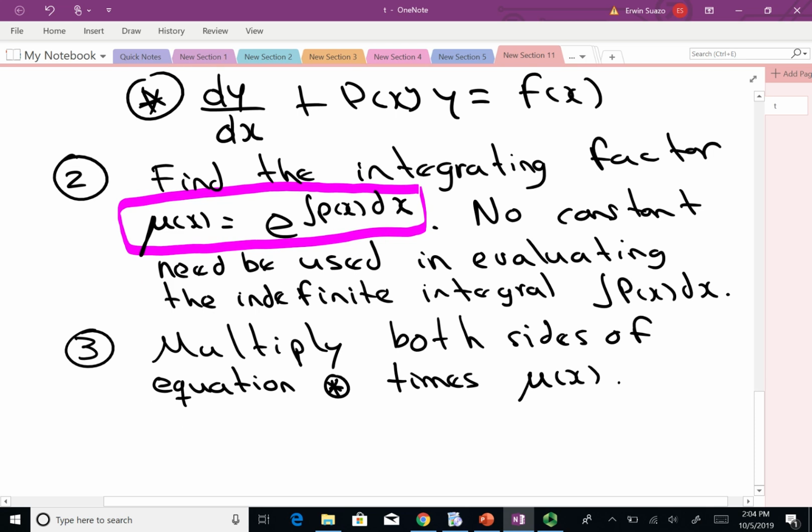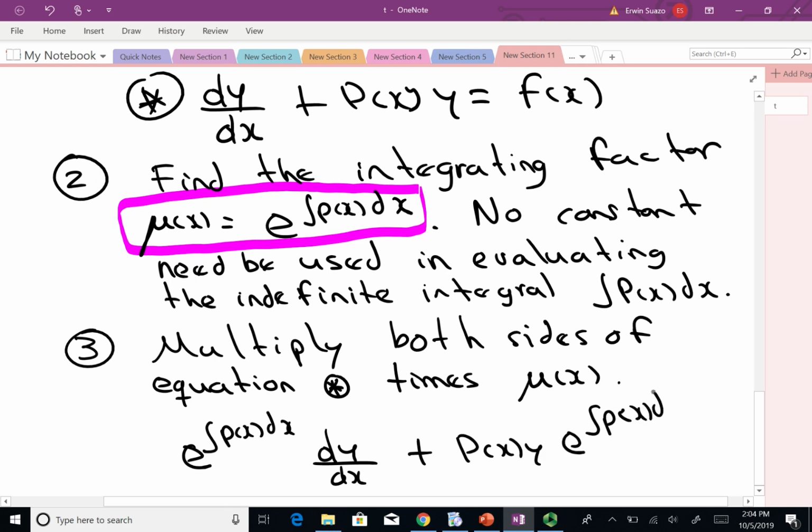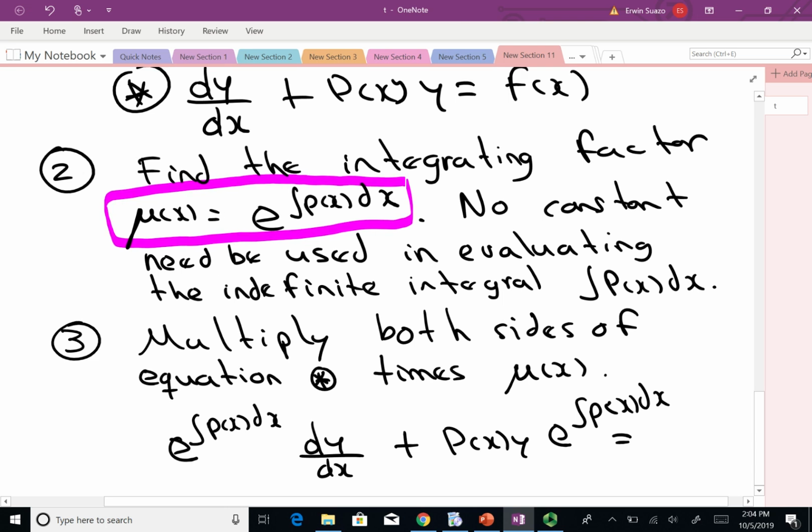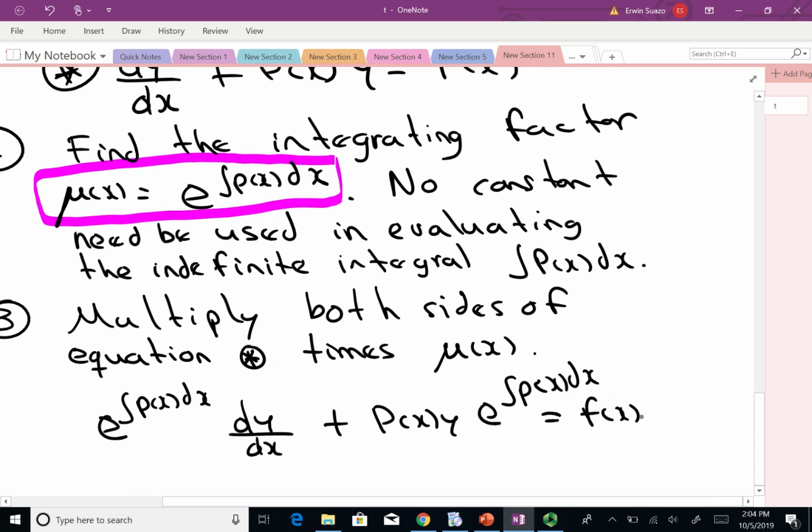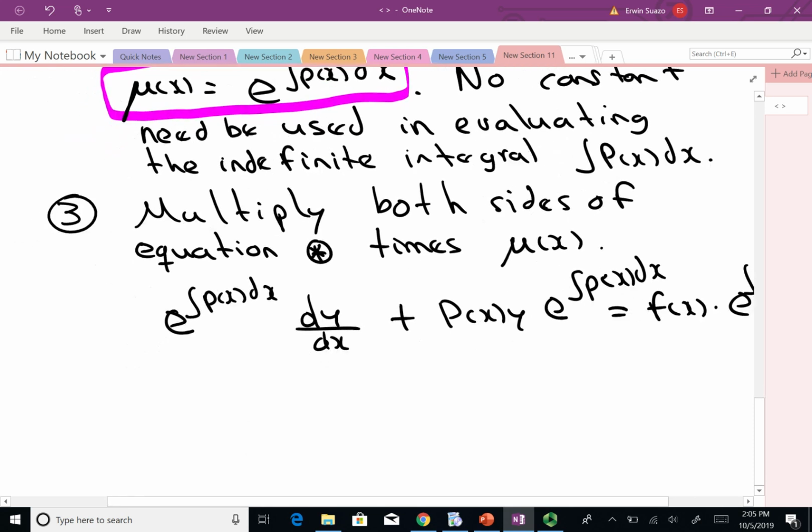So how does it look? It's going to look like e to the integral of p of x dx times dy/dx plus p(x) y times e to the integral of p(x) dx equals f of x times e to the integral of p(x) dx. That's what you get, right? And then let's put number 4.